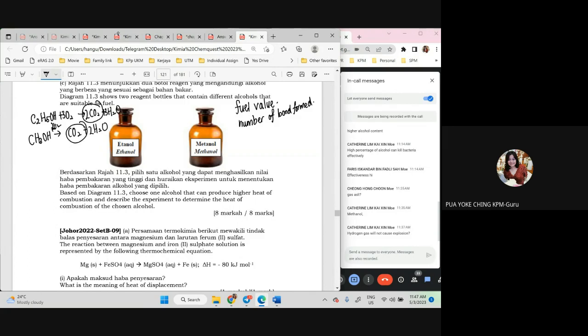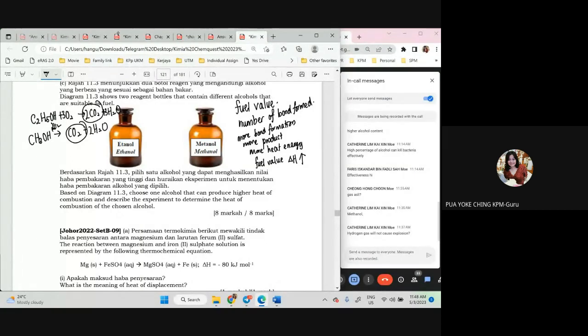More product, more heat energy released. More bond formation, more product, more heat energy released. Okay, so your fuel value or your delta H will be higher.